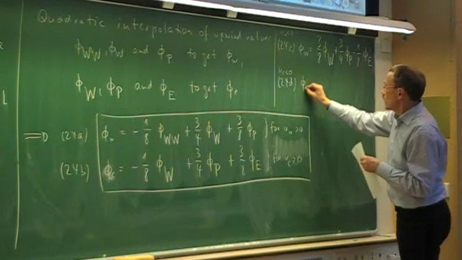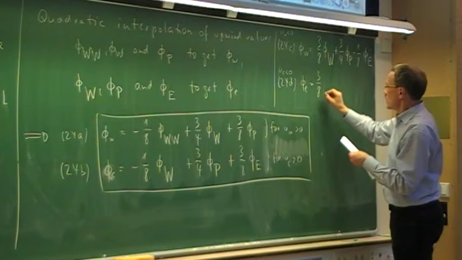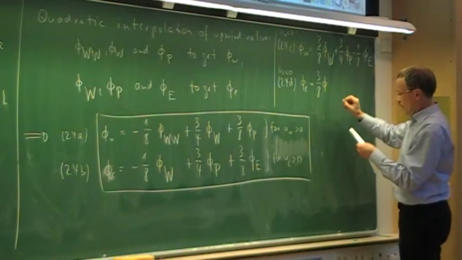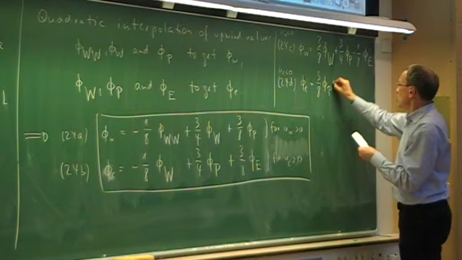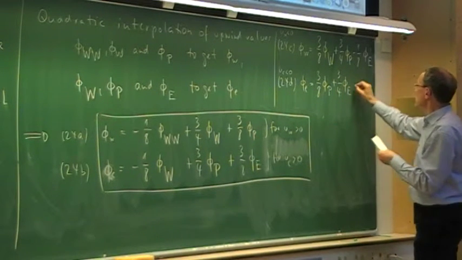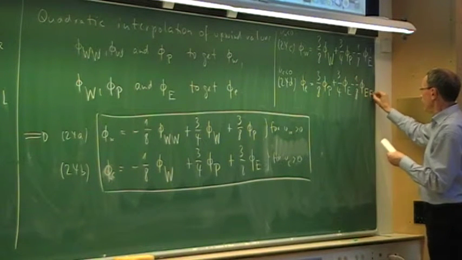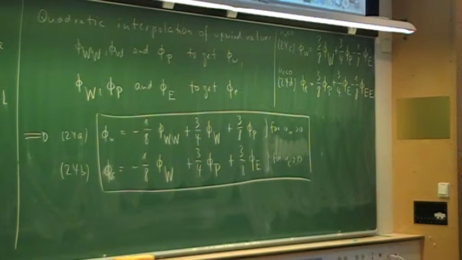Then we get phi e equal to, shifting just the indices, 3/8 phi P plus 3/4 phi E minus 1/8 phi EE. So then we have everything here.